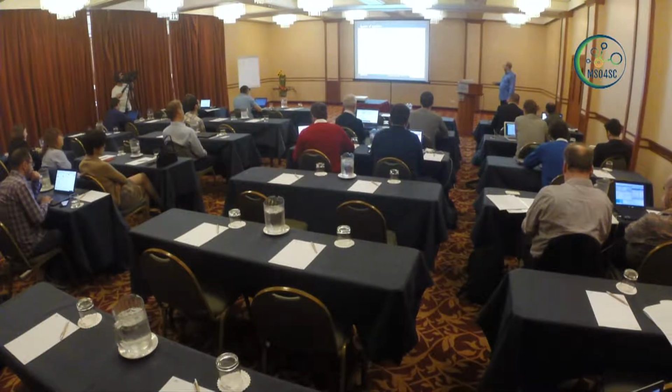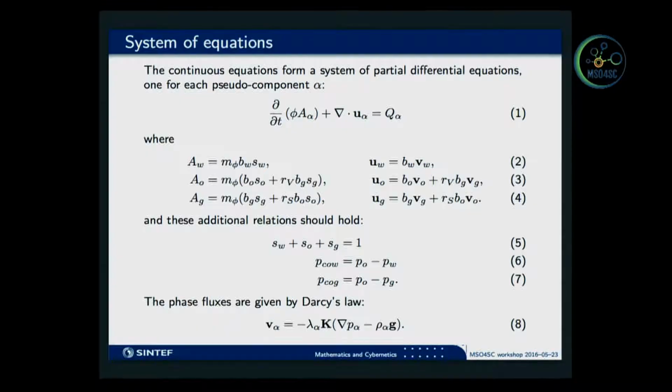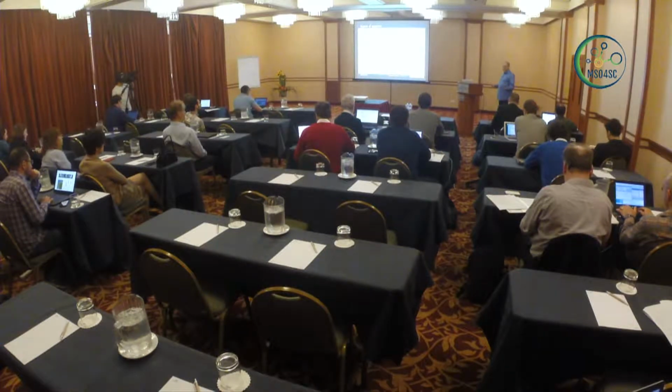And also these B factors, they are called inverse formation volume factors in oil speak, which basically behave like densities. Think of them like densities. And they depend on pressure and on these dissolution factors and so on. So that's part of where the nonlinearity comes in.